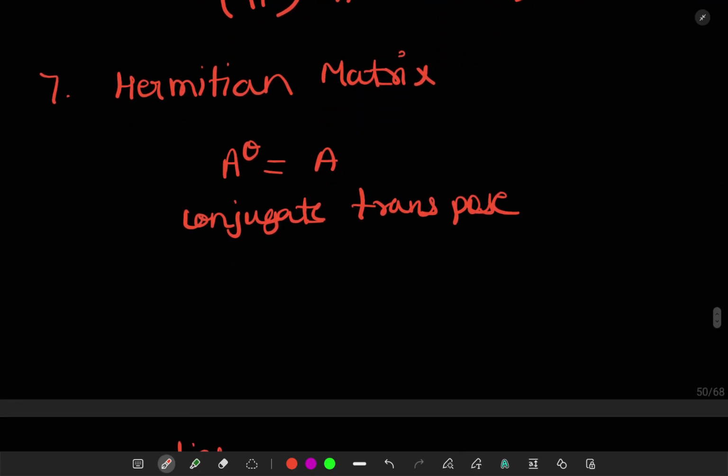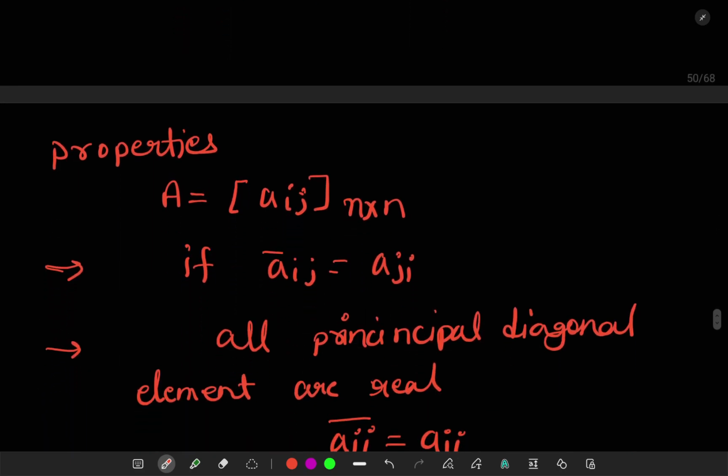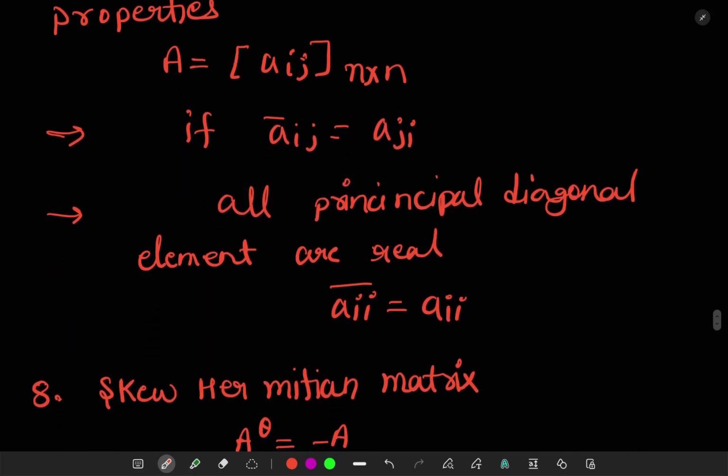Now Hermitian matrix. If the dagger of a matrix A is equal to matrix A, this dagger is called conjugate transpose, or transpose conjugate, or transjugate. Property of a Hermitian matrix: if we take the conjugate of the element of matrix A, like that, a ij conjugate equals a ji.